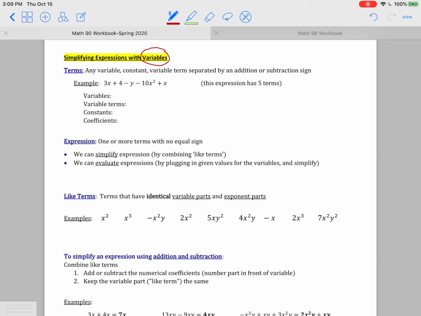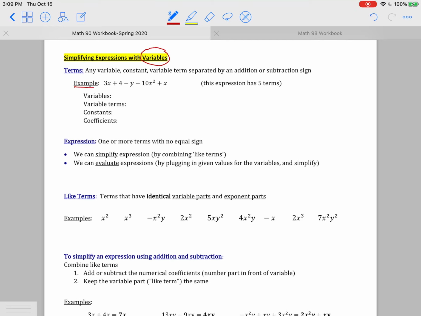So if you missed that video, make sure you go back and watch that. But we have to consider those terms and like terms when we are simplifying these expressions with variables in them. Remembering that a term is any variable or constant or variable term separated by an addition or subtraction sign.